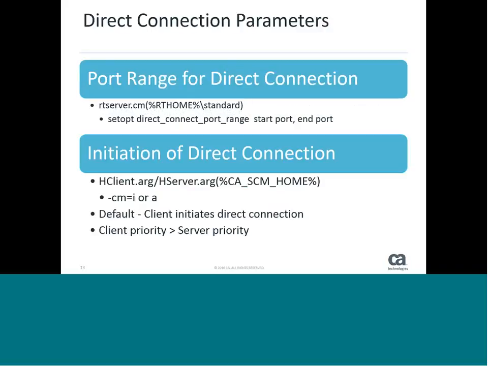By default, this direct connection uses ephemeral ports, which are random ports greater than 32,000. But sometimes administrators want to be able to control the range of these ports that are opened. One thing I would also like to mention is that this direct connection, which happens only when data is getting transferred, can be initiated by the client or by the server.